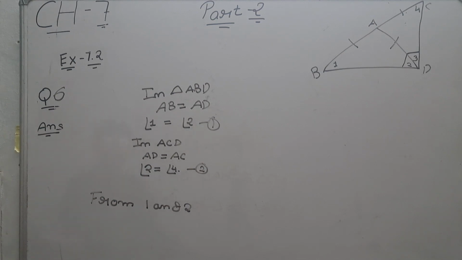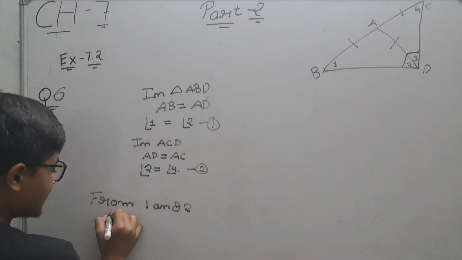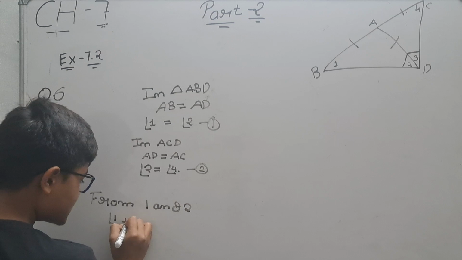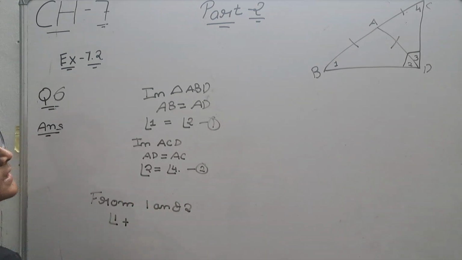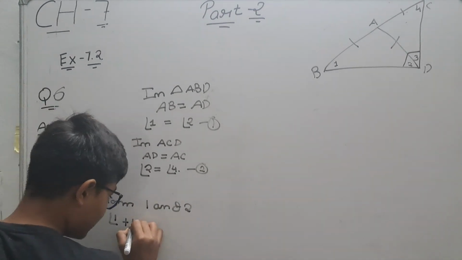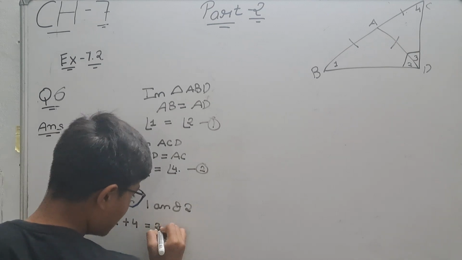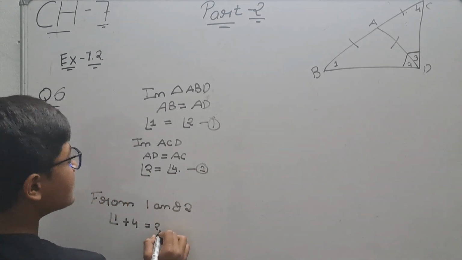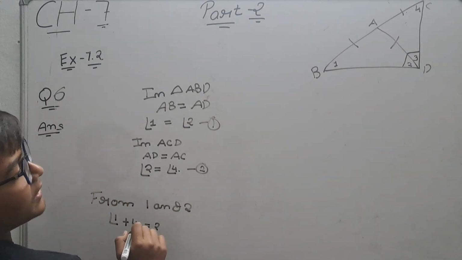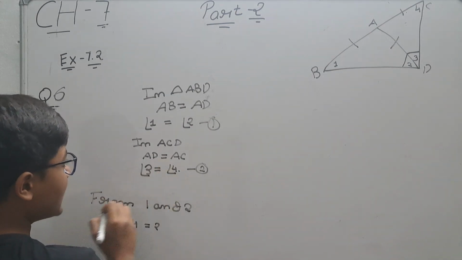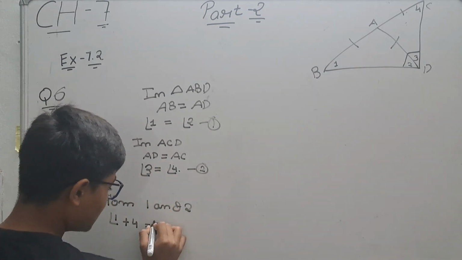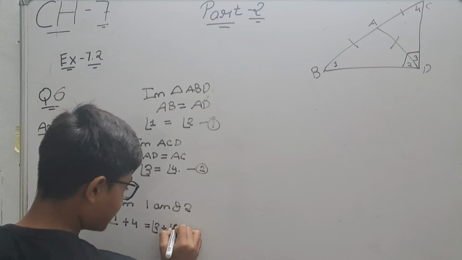From 1 and 2 we can write: angle 1 plus angle 4 is equal to angle 2 plus angle 3.